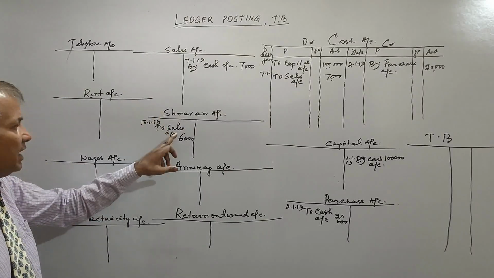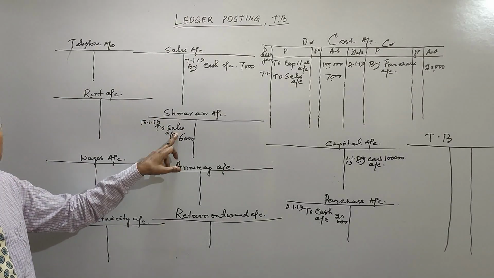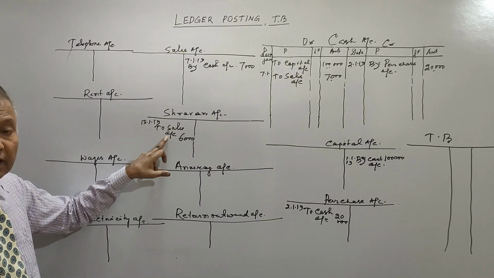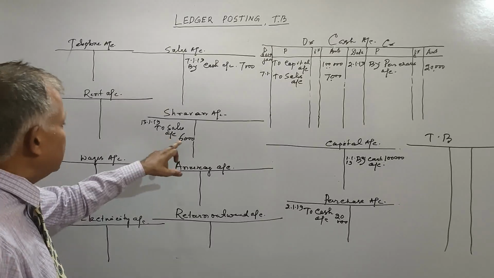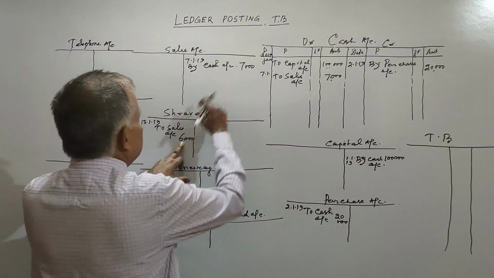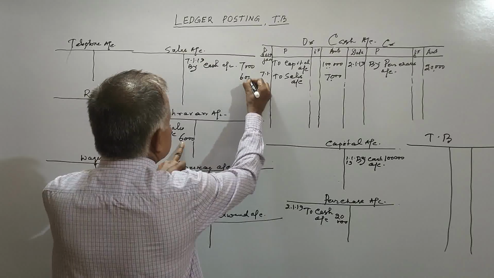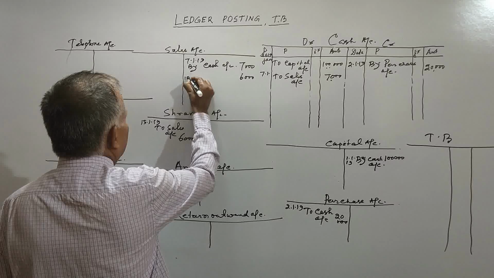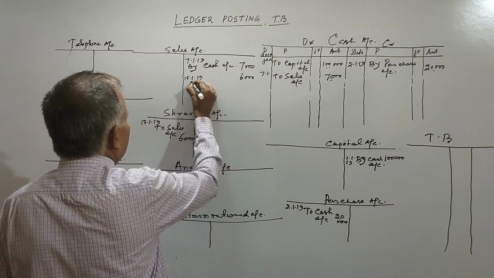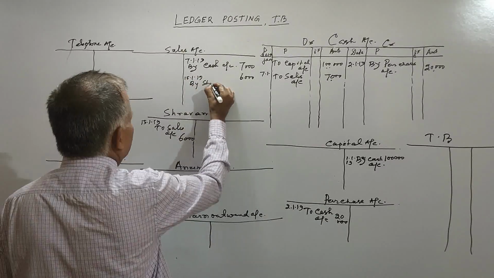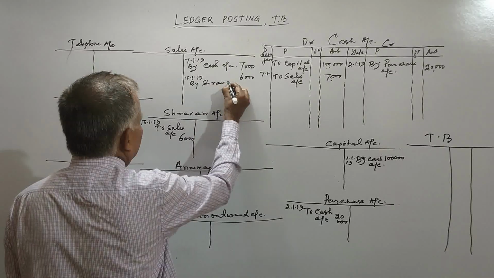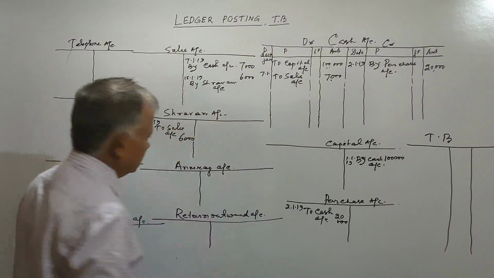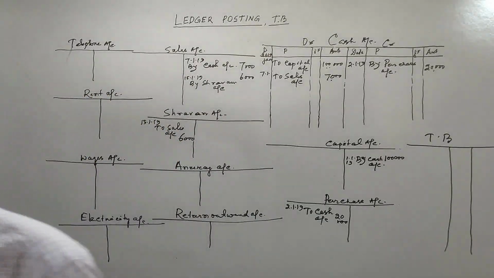In the Shravan account you write the other account. Shravan is debit. Go to the debit side of the Shravan account, write the other account, 6,000. In the sales account you write 6,000 here. The other account is by Shravan, by Shravan account 6,000.